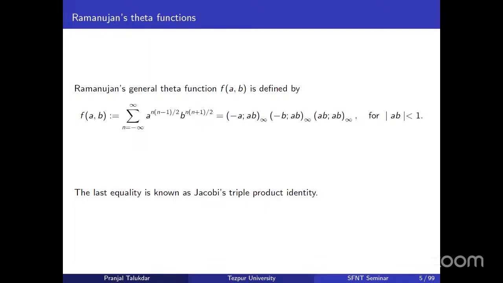Next, we recall the definition of Ramanujan's general theta function, which is given by this infinite series, and which can also be represented as this infinite product. This last equality is famously known as Jacobi's triple product identity.